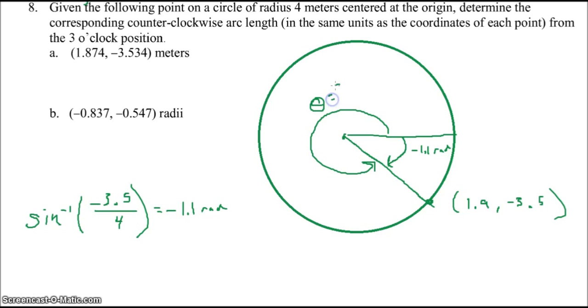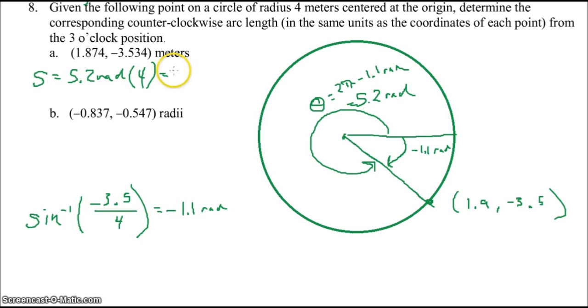So angle theta is simply 2 pi minus 1.1 radians, which is about 5.2 radians. That means that our arc length is 5.2 radians times 4, or 20.8 radians. Nope, that's not right. Sorry, 20.8 kilometers. Still not right. 20.8 meters. Okay.